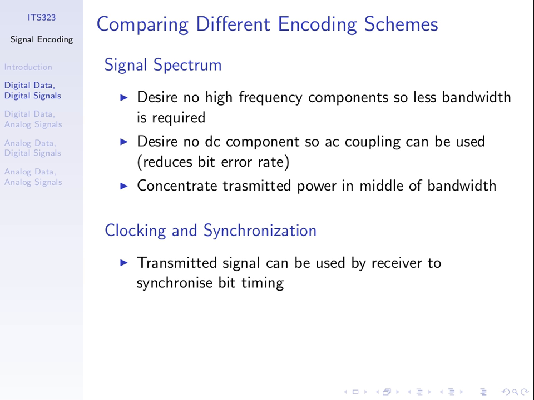If they have a perfect clock, then they will transmit for exactly 1 millisecond. The receiver, when it receives a signal, maybe its clock is not perfect. What that means is that for the real duration of 1 millisecond, the receiver measures it as only, say, 0.8 milliseconds.